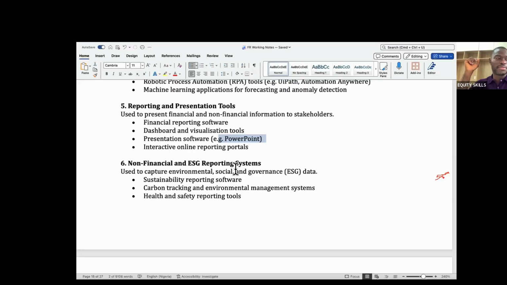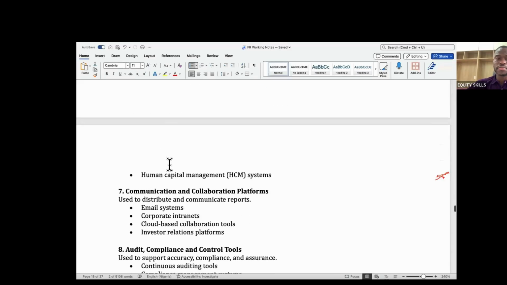And in this area, you'll find out that technology can also help to prepare these reports on sustainability, help us prepare reports around carbon tracking, whether you want to track your impact on the environment, you want to track your emission and all that. Also, there are health and safety reporting tools. So non-financial information reporting systems are not left out.